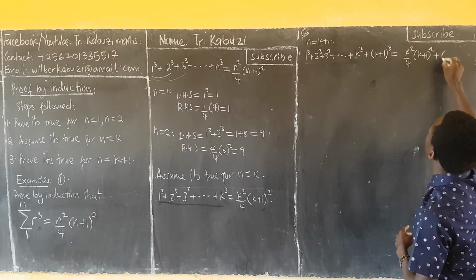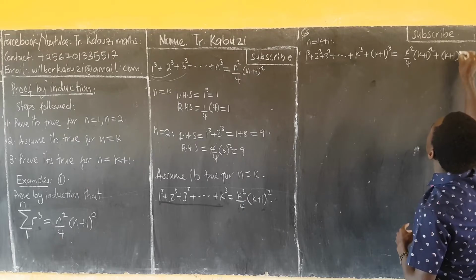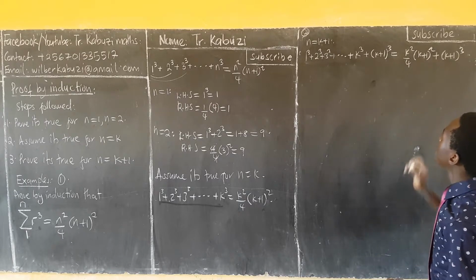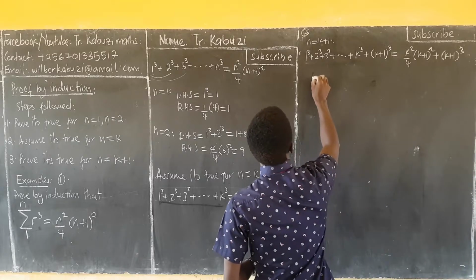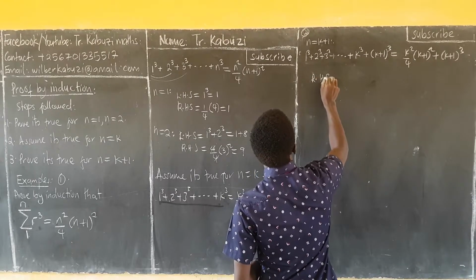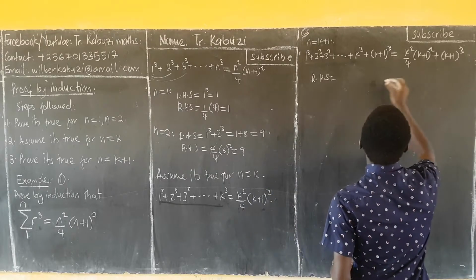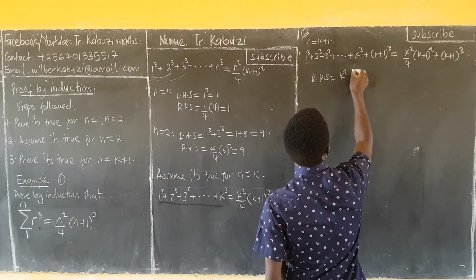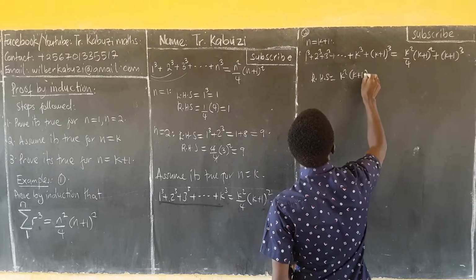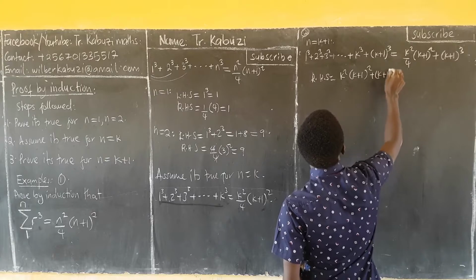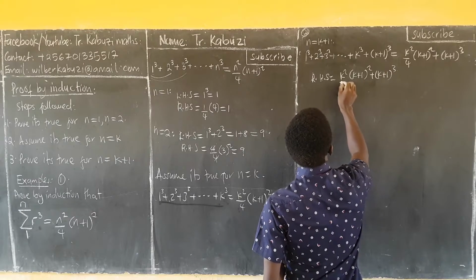So this will be now k plus 1 cubed. Now it is balanced, and we simplify this. My right hand side is now k squared into k plus 1 squared, plus k plus 1 cubed over 4.